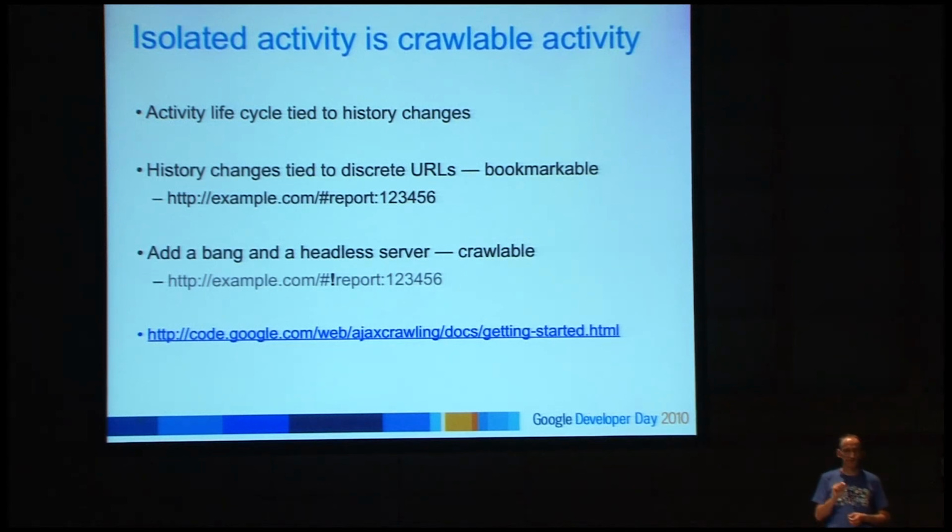But this hash fragment with the exclamation point at the beginning is a hint to the Googlebot that your Ajax site is in fact crawlable, that the search engine can crawl through the different pages and transitions of your JavaScript website and still store those results in the search engine. There's a lot more details to it, so I encourage you to look at this URL so that you can make sure that your site is also crawlable.